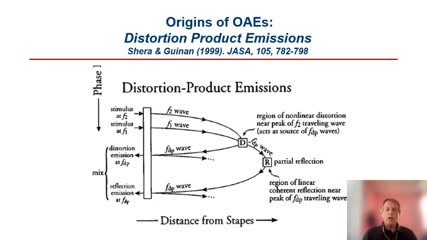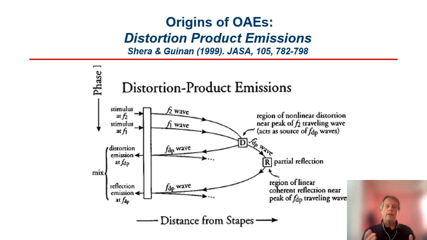The other general category of OAEs with this approach is distortion product emissions, which obviously are DPOAEs. And here there are two stimuli that activate a very narrow region of the cochlea, hair cells in a very narrow frequency region, and there's kind of an interaction in the traveling wave for those two stimuli, and so there's actually energy at a third frequency, and maybe many more frequencies.